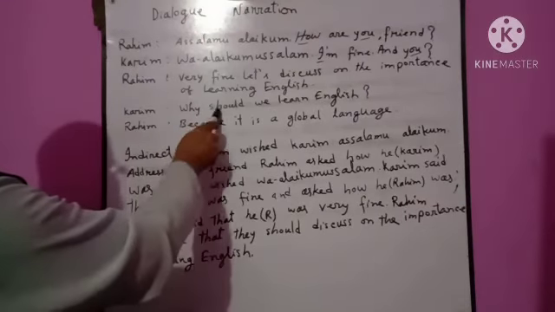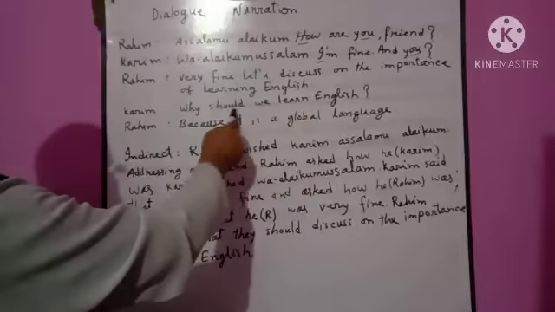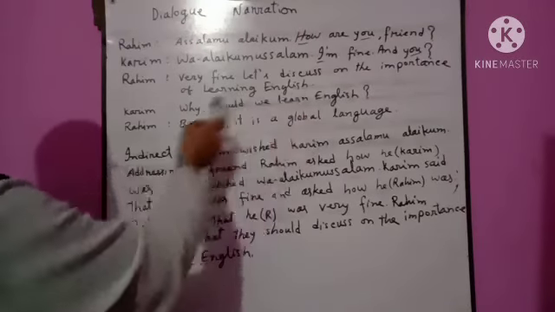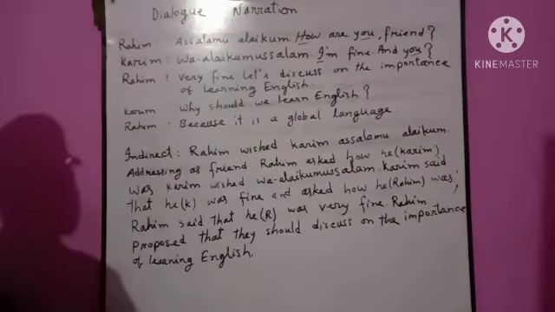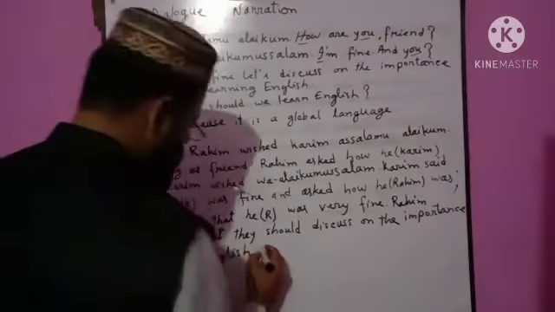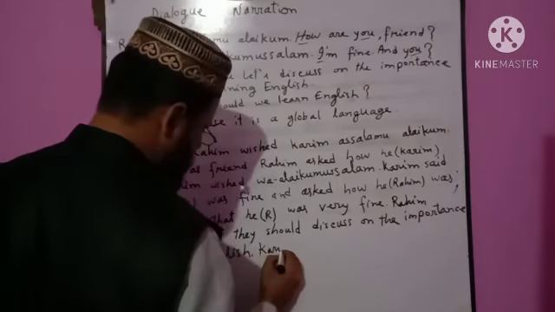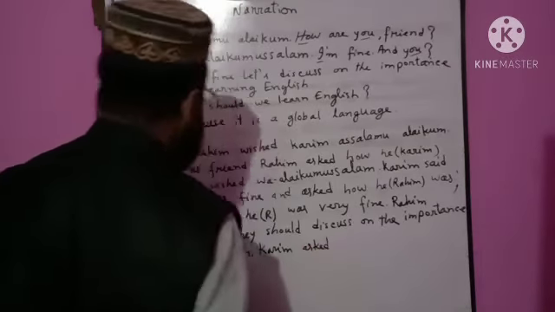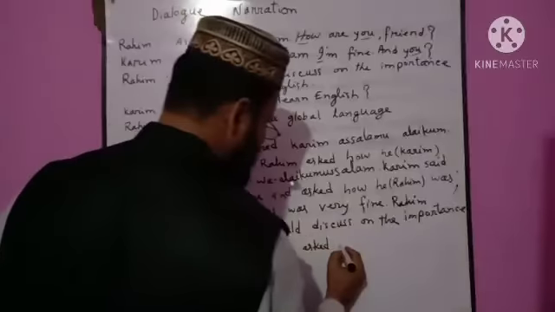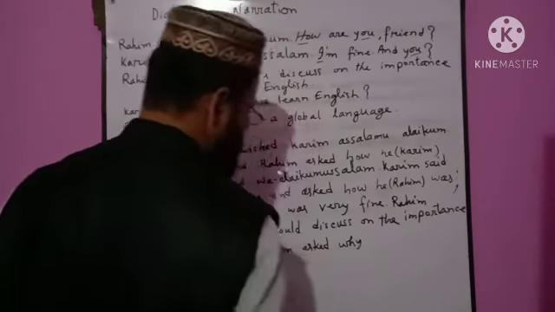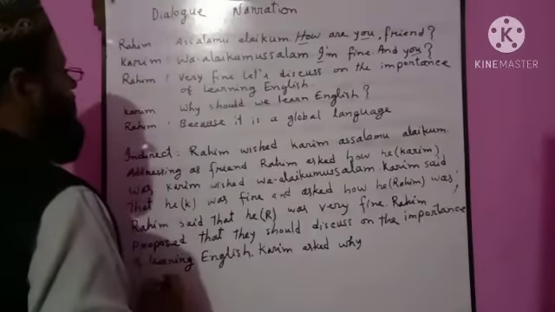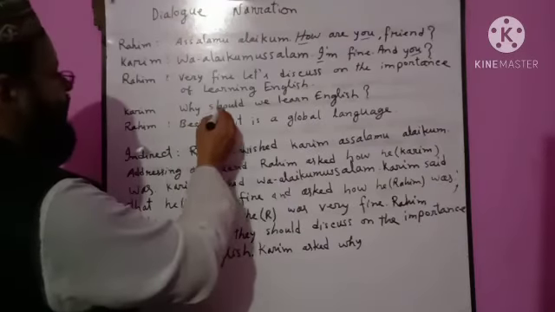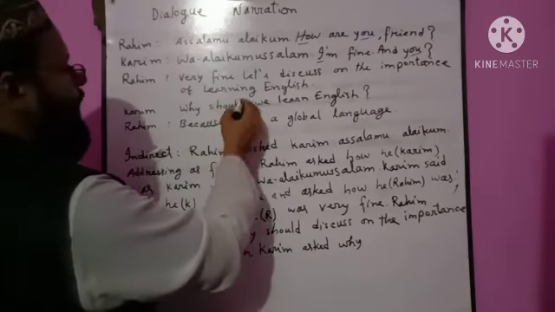Then the next sentence, why should we learn English? The question again by Karim, the speaker. Karim asked. Why will be the conjunction. The WH word will be the conjunction of indirect speech. Why? Then should will be used after we.